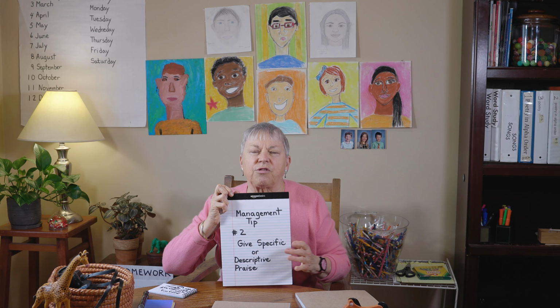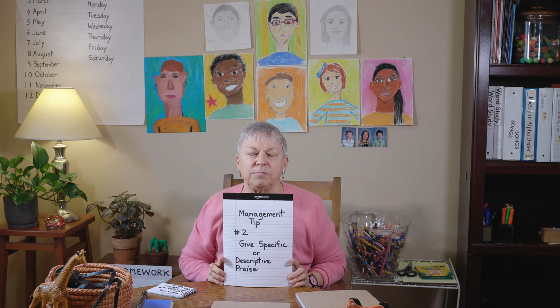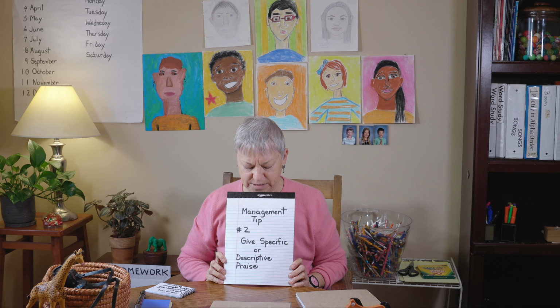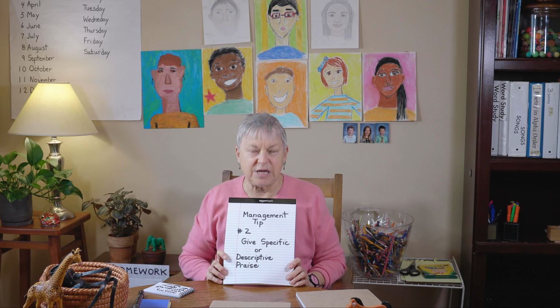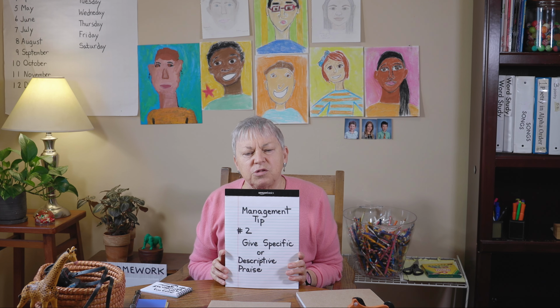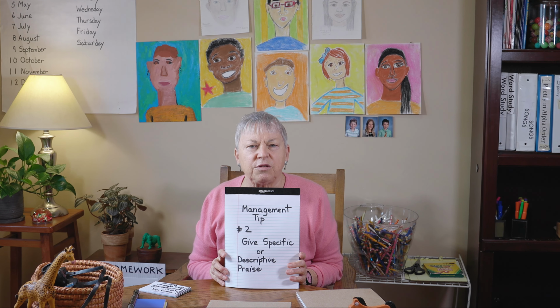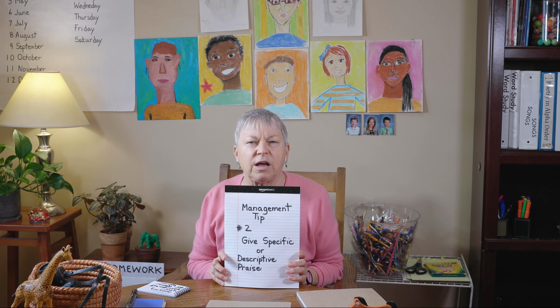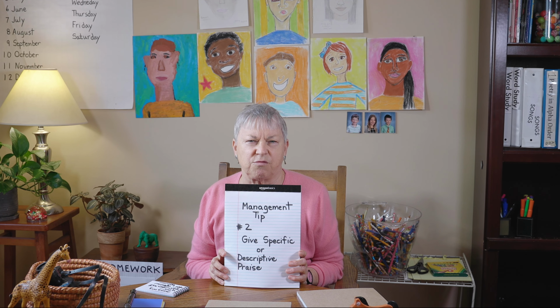The second strategy for managing your environment is to give specific or descriptive praise. It's much more effective to tell someone, anyone, adult or child, what specifically they're doing right.